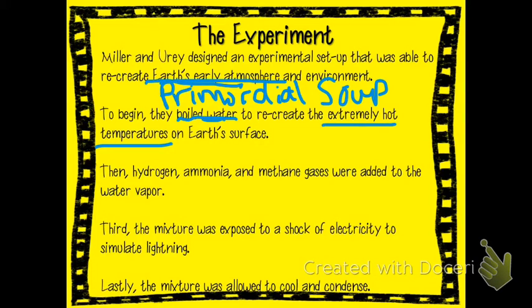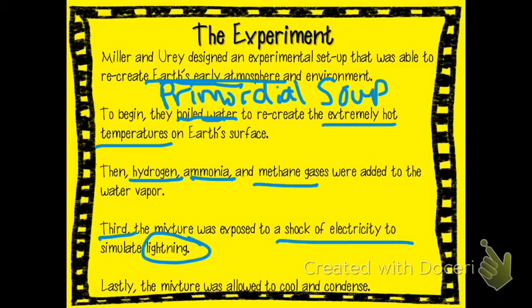In the next step, they added in hydrogen, ammonia, and methane gases, which are the gases that were thought to be present in the atmosphere at this time. So as the water vapor rose, it mixed in with these atmospheric gases. Third, the mixture was then exposed to a shock of electricity.